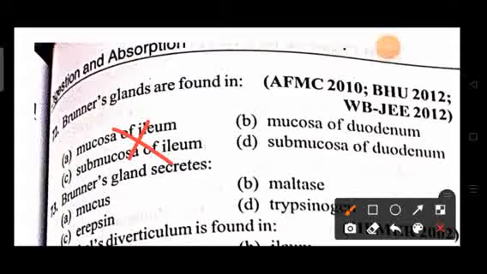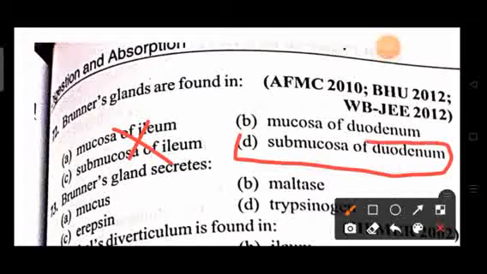We know that most of the glands are present in the submucosal layer. So the answer is submucosa of duodenum. D option is the right option.